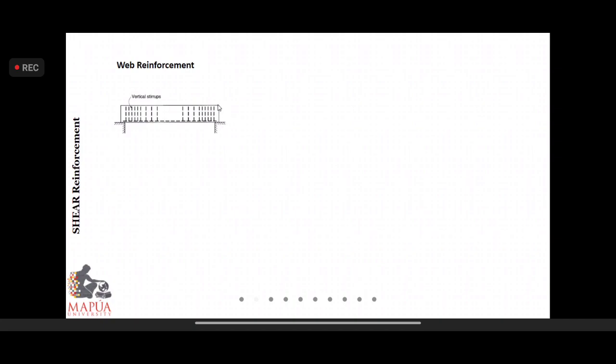In fact, nilalagyan pa nga dito sa may bandang poste, nilalagyan pa ng anilyo in order to conform to the recommendation of our National Structural Code of the Philippines. These are the types of the stirrups.